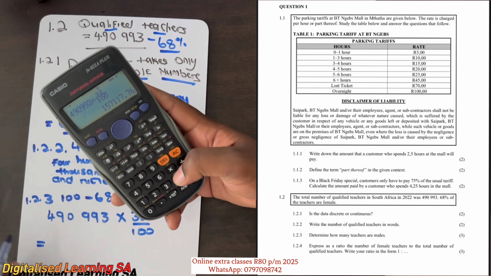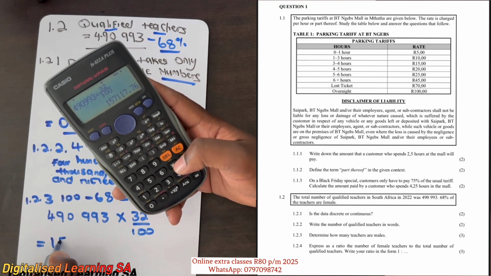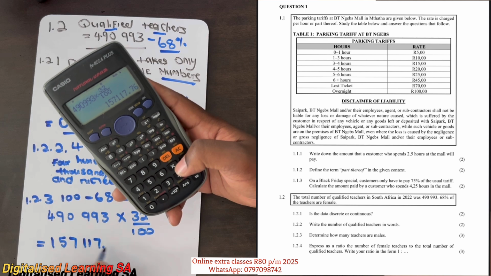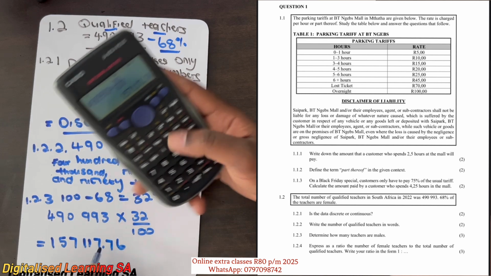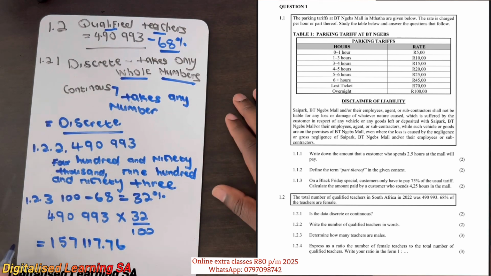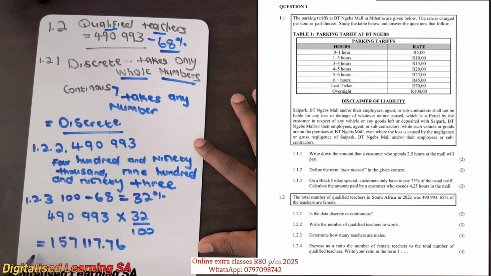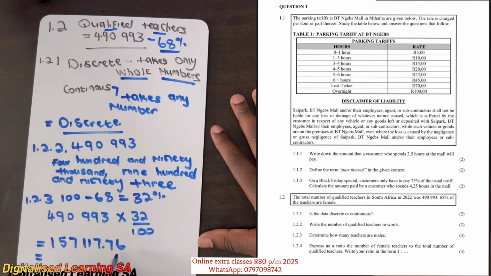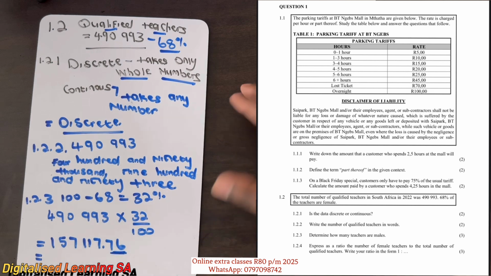And our answer will be 157,117.76. And remember, guys, remember that in our first question, we said that the answer needs to be a whole number. That's why we concluded that the data is discrete, meaning that we need to take away this decimal.